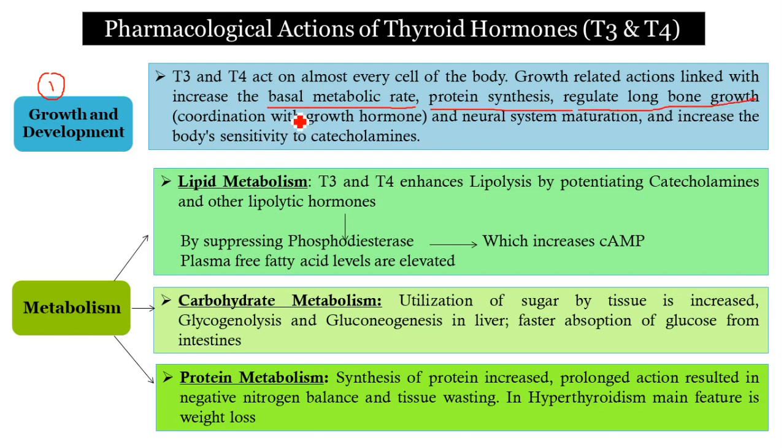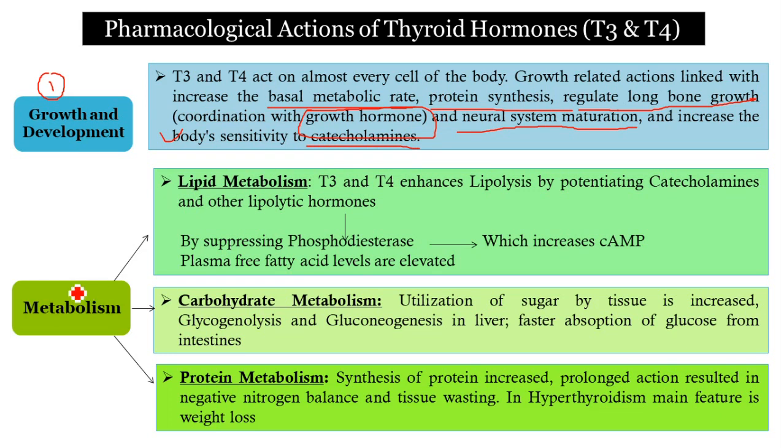These hormones also coordinate with growth hormone for growth of the bone system, as well as maturation of the neural system, and increase body sensitivity towards catecholamines, which are one of the major amines or neurotransmitters.